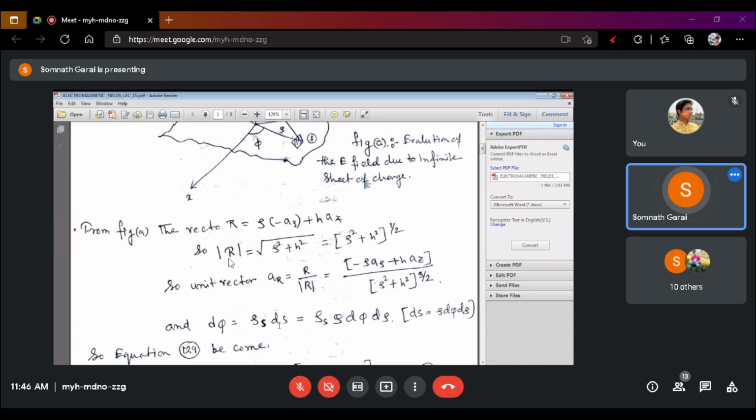Rho s is the surface charge density and ds is the differential surface.